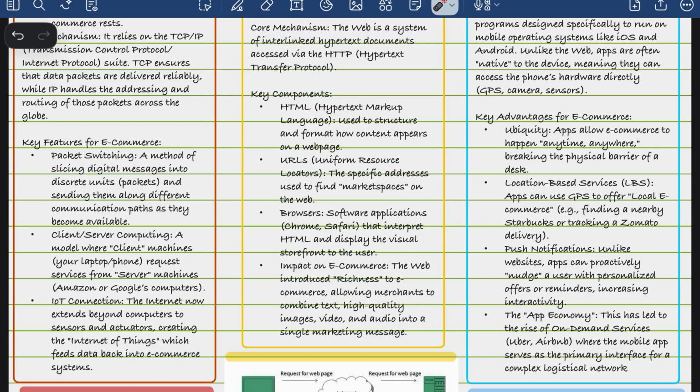So when you shop on an online makeup or fashion store, you aren't just reading the description of the product. You're watching a video of a model wearing it, looking at high definition zoom-in photos, or clicking links related to the items. That rich, engaging experience is entirely powered by the web layer.